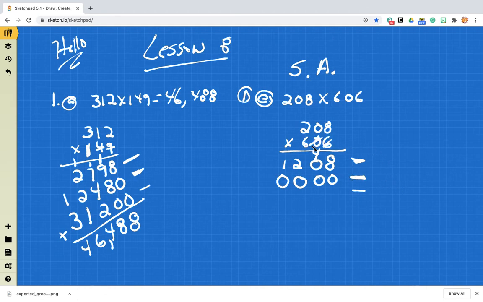Now, my third one is going to be 208 times 6. It would be tempting to just write 1,208 under there, because 6 times 208 was 1,248. But this is not the same. This was 6 ones times 208. This is 6 hundreds times 208. So 600 times 8. Well, 6 times 8 is 48. 600 times 8 would be 4,800.